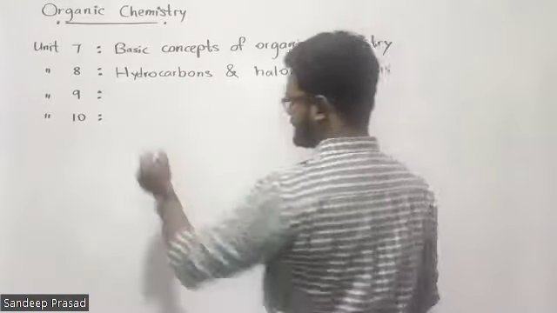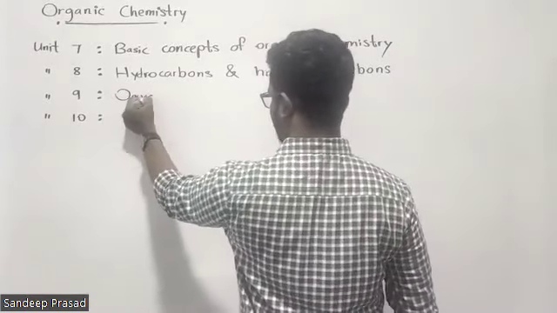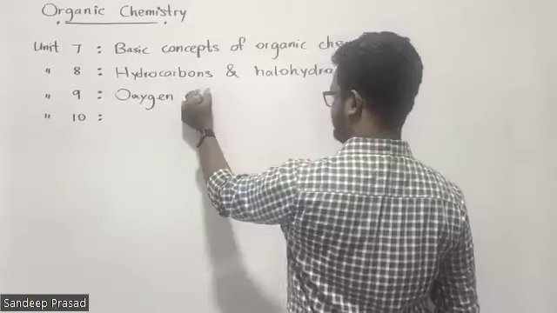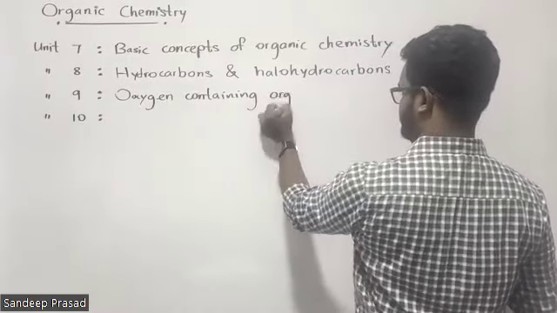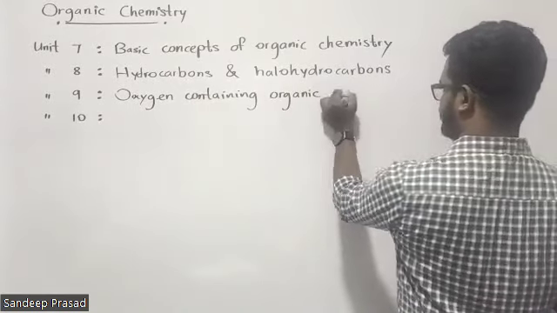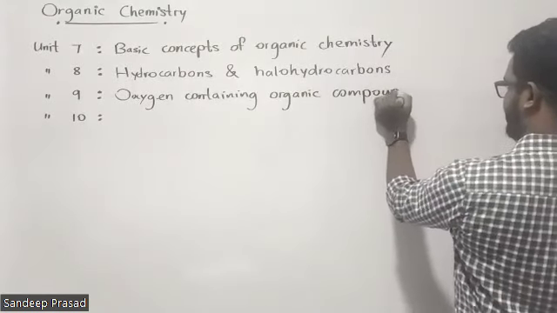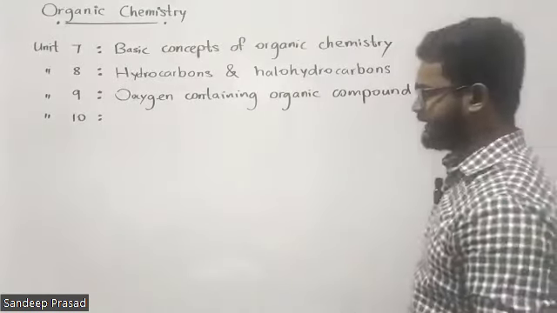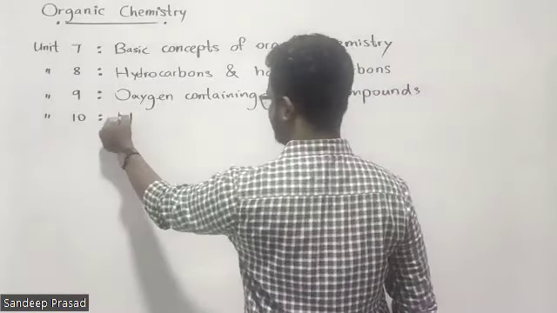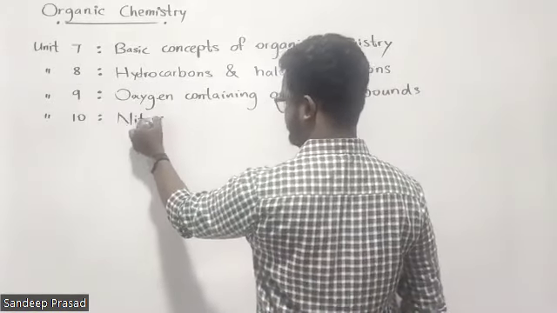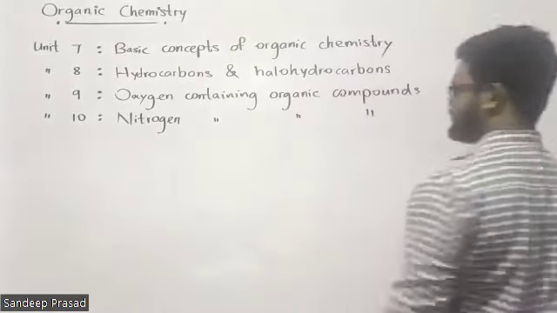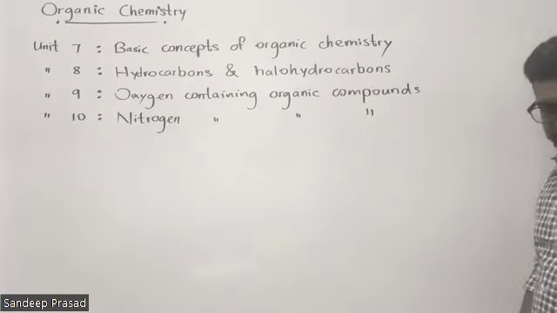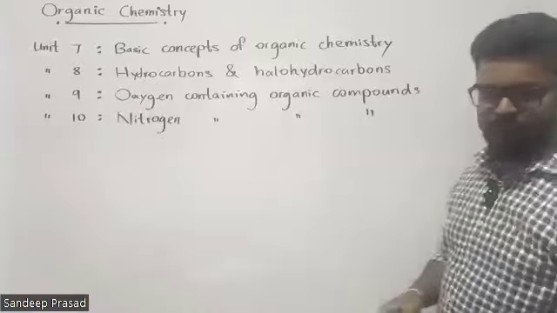Unit number 9 is oxygen containing organic compounds. And unit number 10 is nitrogen containing organic compounds. So these are the 4 units that we have to discuss under organic chemistry.